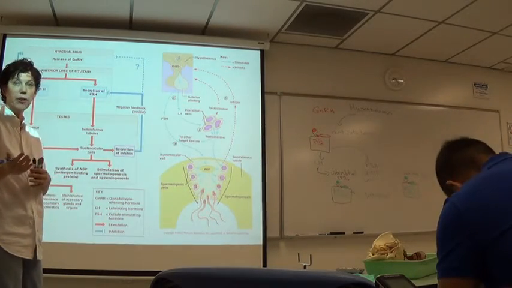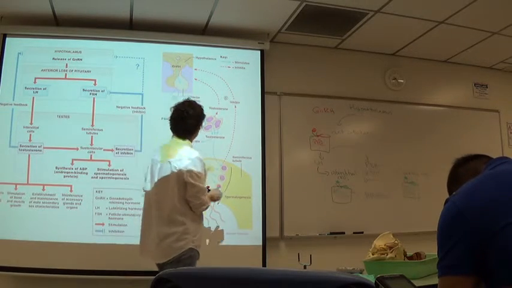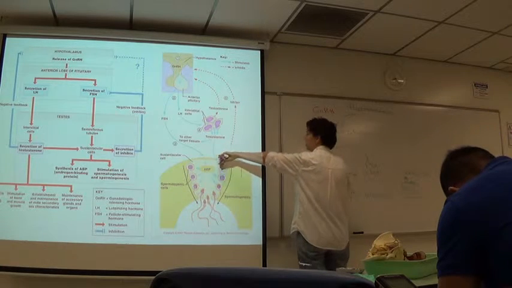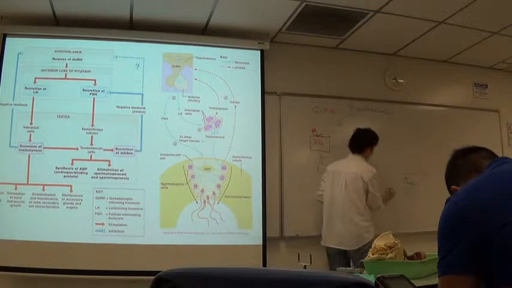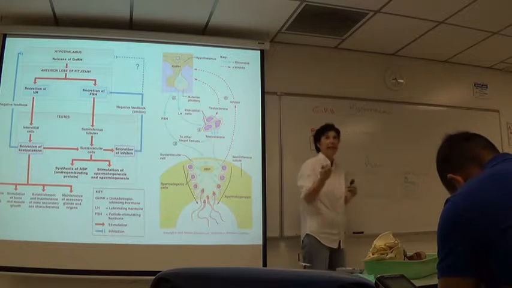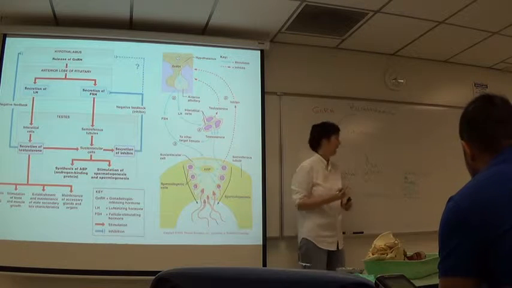Which is a cholesterol-derived molecule. And as you can see in this image here, testosterone is going to go through the Sertoli cells to get access to the developing spermatocytes. Okay?